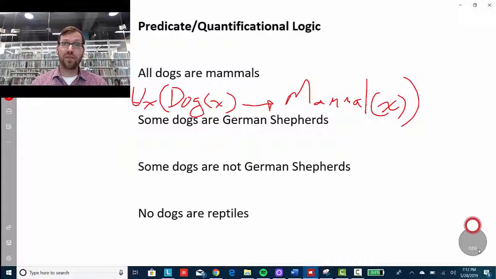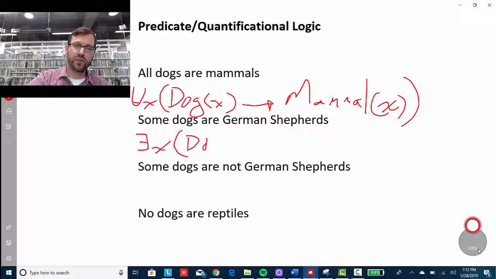When we talk about some things, we're going to have to use this quantifier, the existential quantifier. This says there exists an x, or some object x. And we're told that some dogs are German Shepherds. So we're saying that there's something that exists that has two properties.